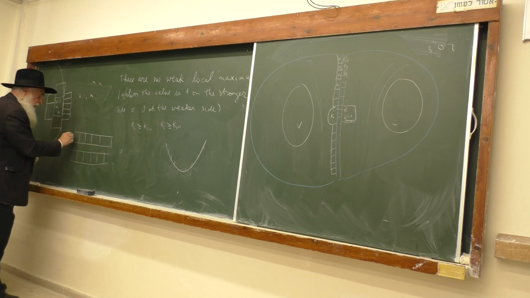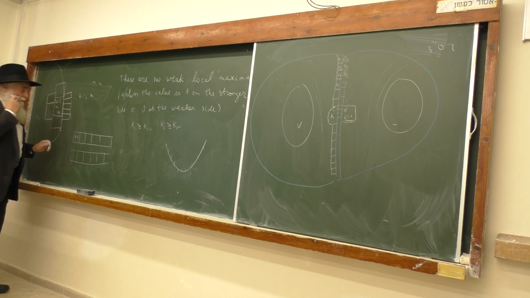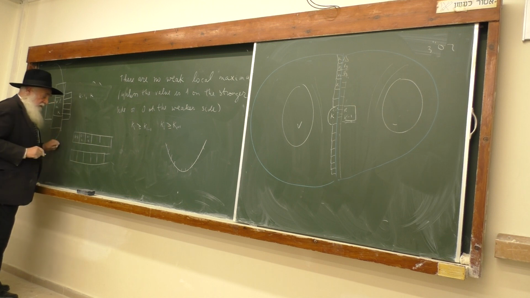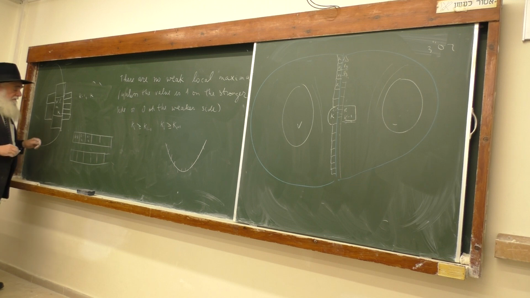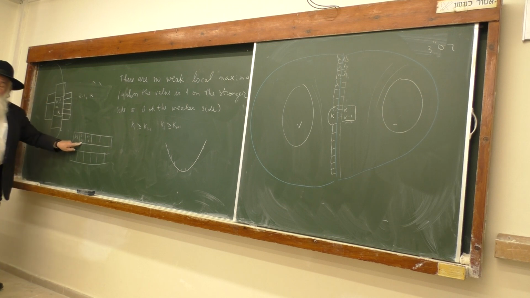So if, for example, this is K minus 1. Now, whatever this will be, it could be K minus 1 or K. So if we have this, whatever this will be, a weak local maximum.